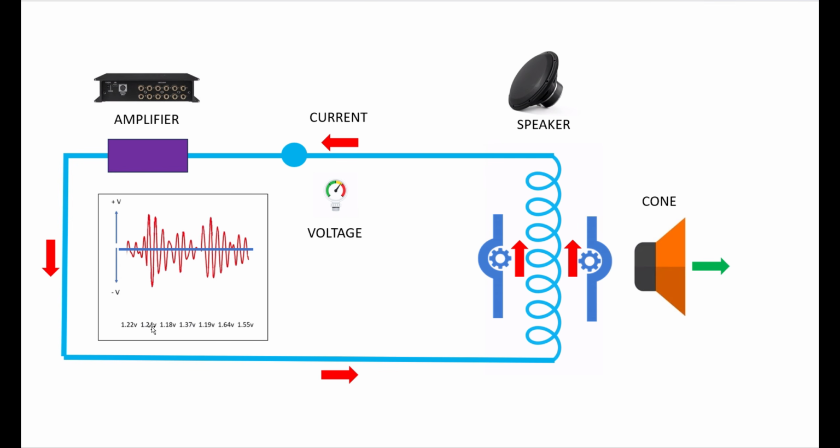It's just a big string of voltage values which are either positive or negative. And because they're seesawing back and forth, up, down, positive, negative, this is what's making the cone move.